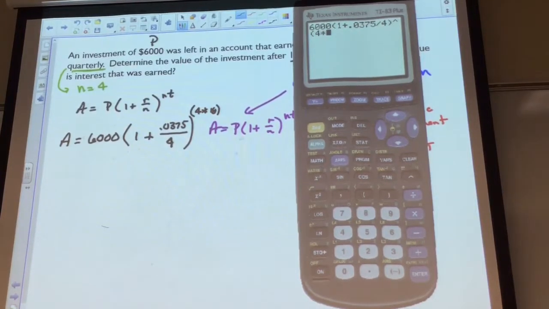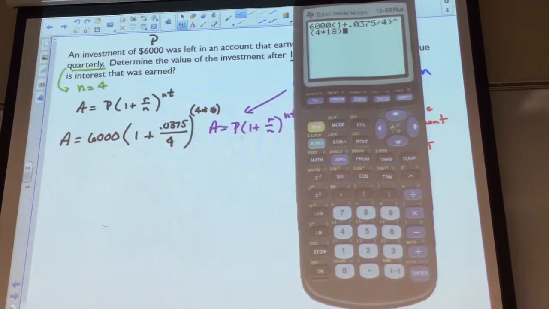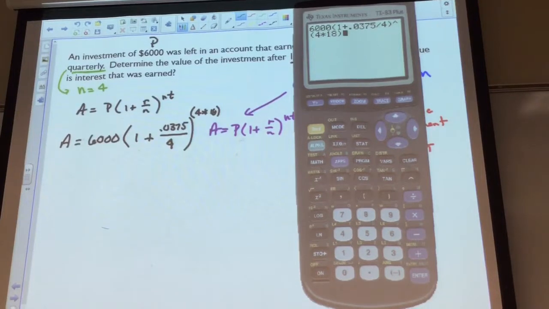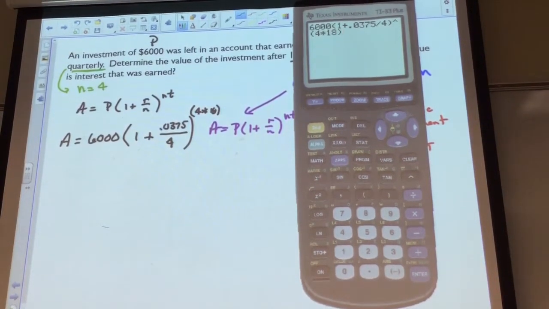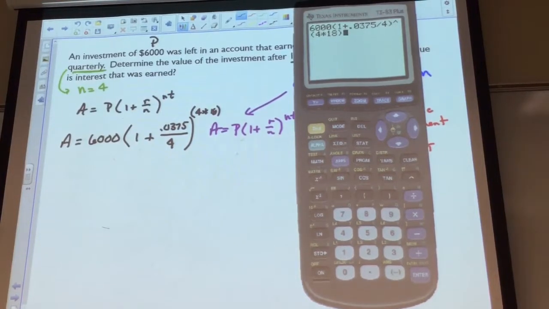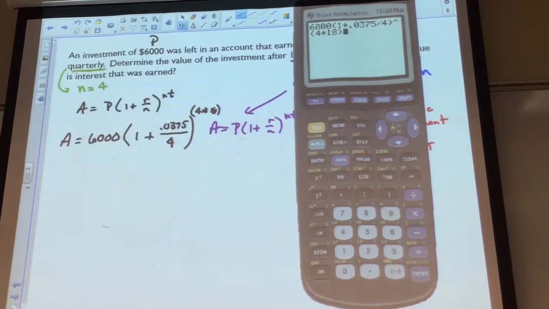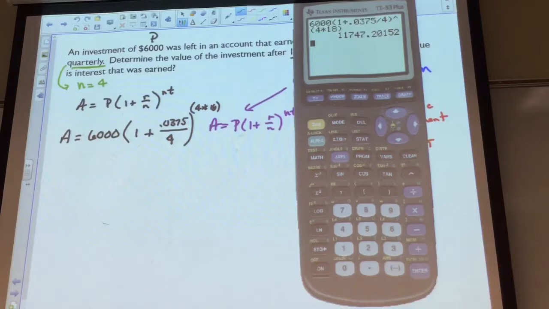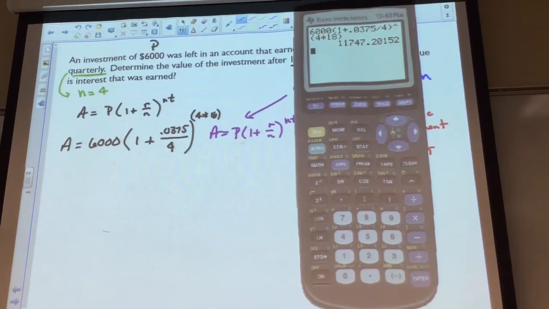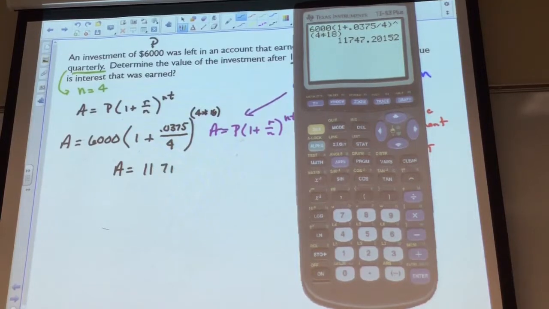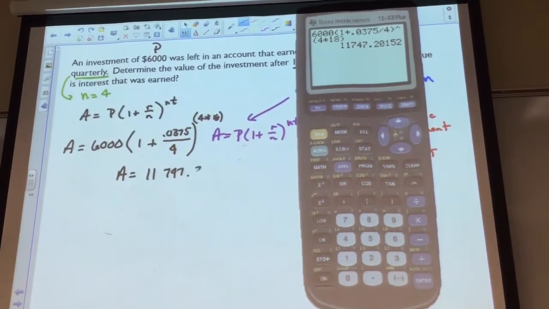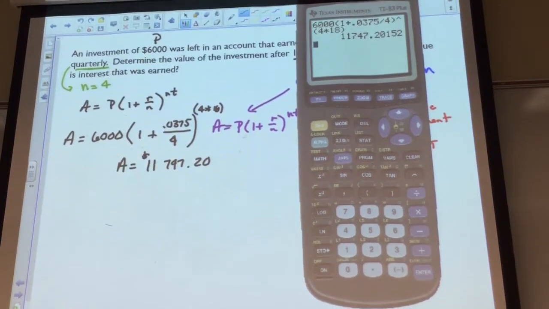So we got our 4 times our 18. The only time I wouldn't need that exponent is if I manually did 4 times 18 ahead of time and found out that it was 72. But you type an operation into an exponent, you're going to need a grouping symbol for the most part. So, $11,747.20.